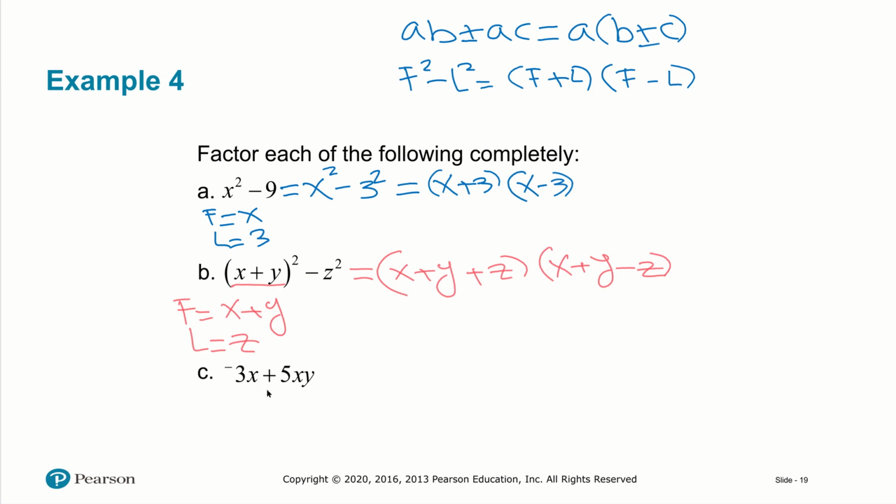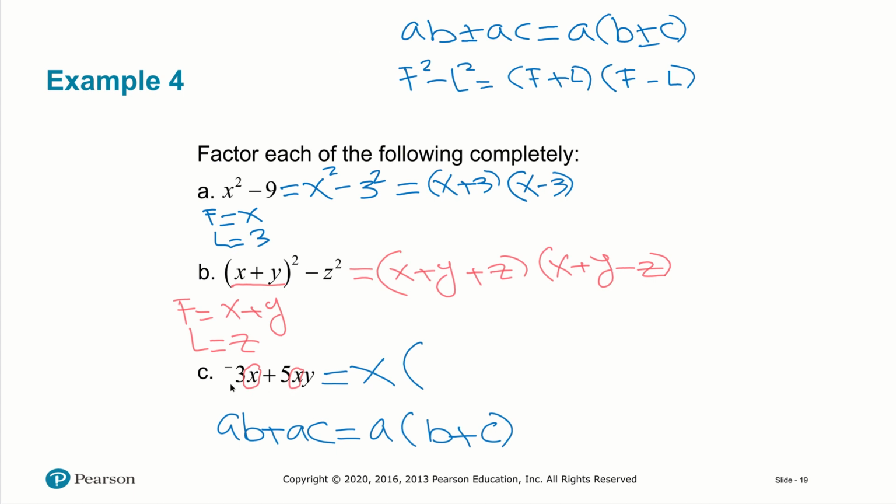How about this one? It doesn't really look like either of these rules, does it? Well, if you look a little bit closer, you see that it actually does, because notice we have this rule. For this rule, what's important is to find out what it is that those two terms have in common, in this case x, and then factor it out. So we can go ahead and factor out an x and just tell me what's left.